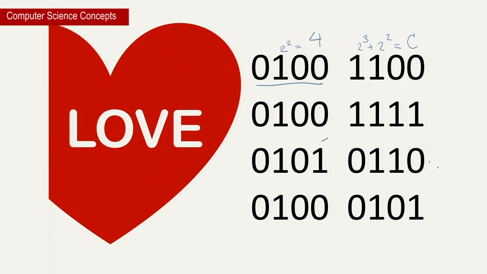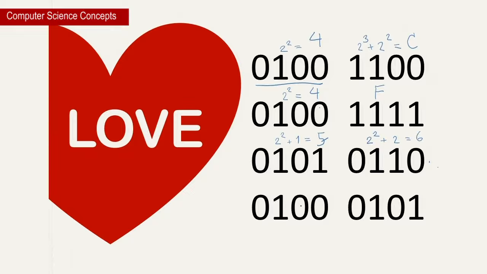Then the next one, this is 2 squared, it is 4. This one is all ones, so it is 15, which is an F. The next one, this is 2 squared plus 1, which is 5. The next one, 0, 1, 1, 0, this is 2 squared plus 2, this is 6.